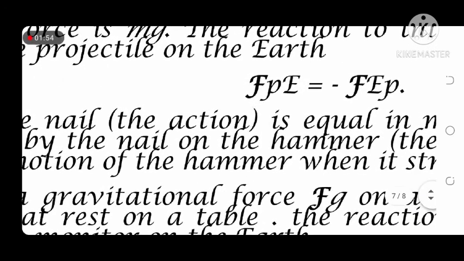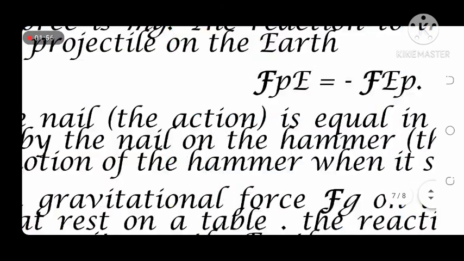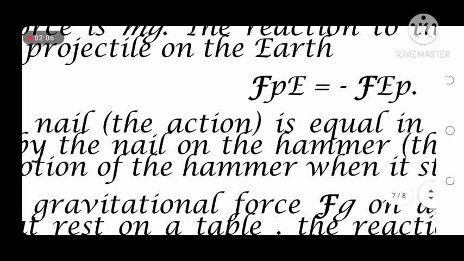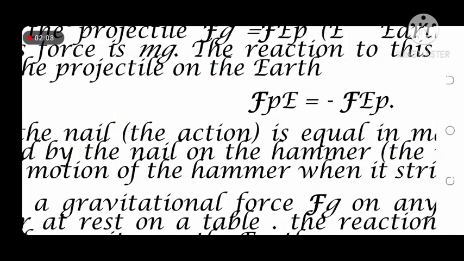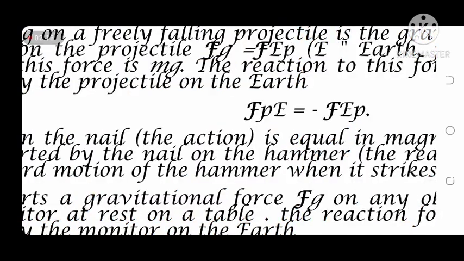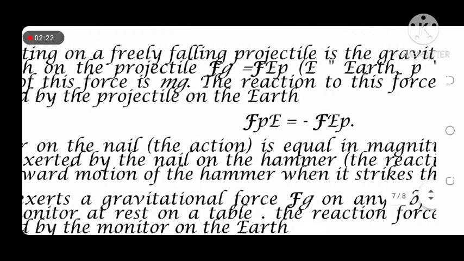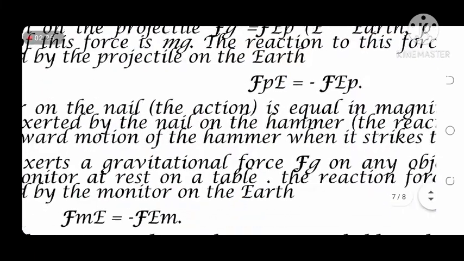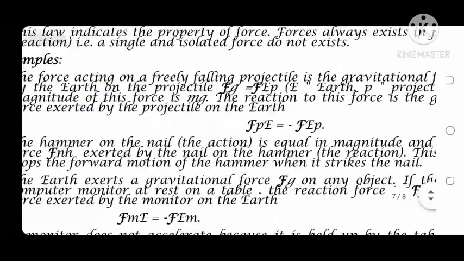That is, FPE, force of projectile on Earth, is equal to minus FEP, force of Earth on projectile. We have studied projectile motion in the previous chapter. F is in boldface, where P and E are subscripts. Force is a vector, so we use boldface letters here.